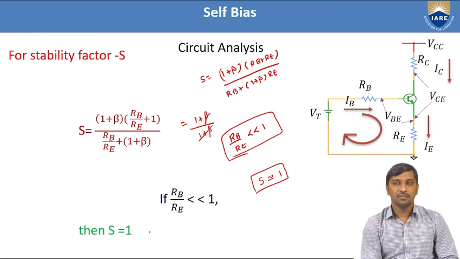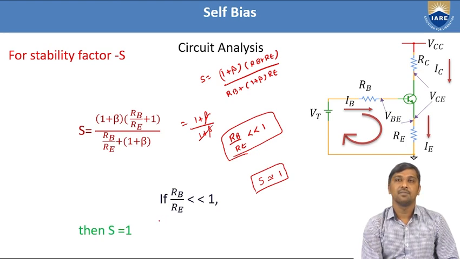From this observation, we compared the different biasing methods we discussed: fixed bias, collector to base bias, collector to base bias with emitter resistance, and self bias. Out of all these, self bias is the most suitable bias method to design an amplifier using the bipolar junction transistor.